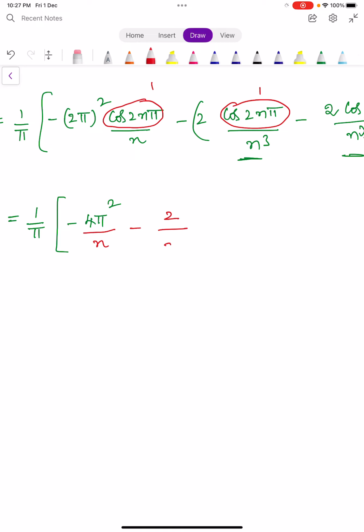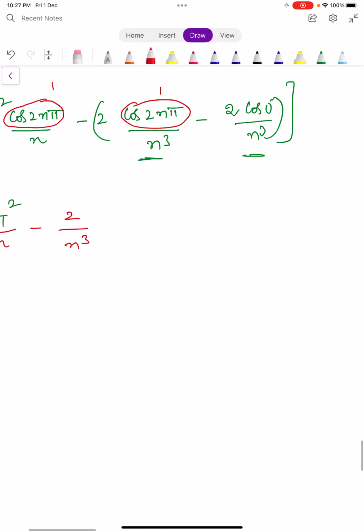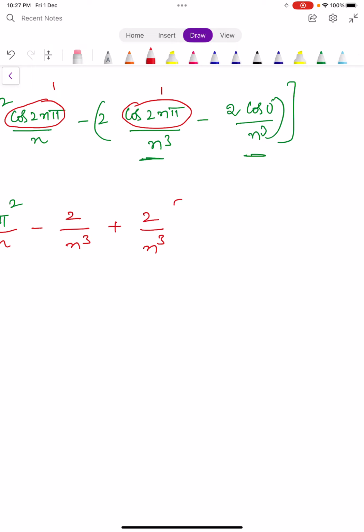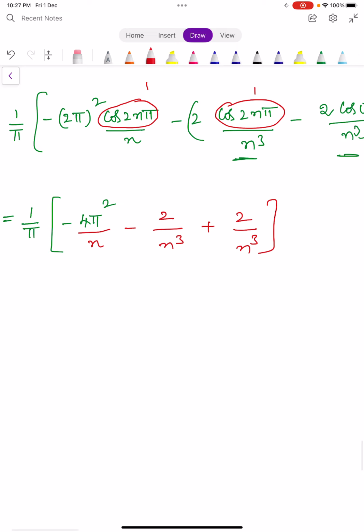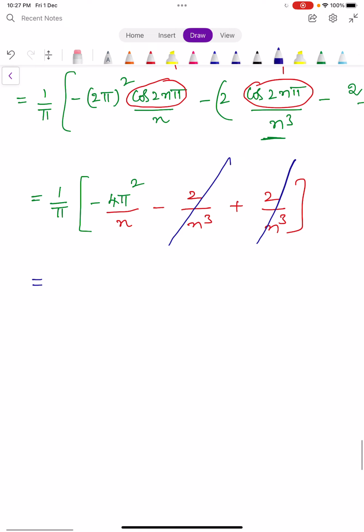Here cos 0 degrees is 1, minus into minus gives plus 2 by n cube. Now you observe that plus 2 by n cube and minus 2 by n cube cancel, and you simply get 1 by pi times minus 4 pi square by n. One pi gets cancelled, you simply get minus 4 pi by n.